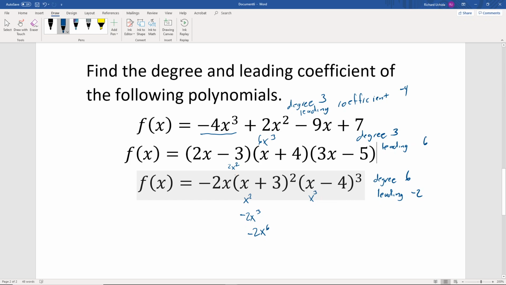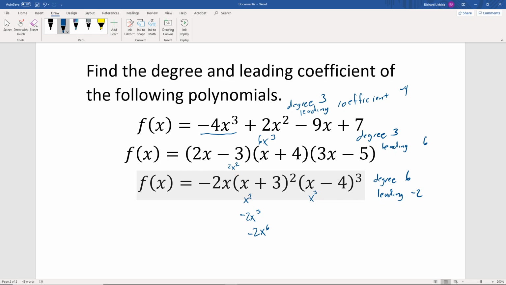One of the things that we'll need to know is whether it is an even or odd degree. In that case, if the degree was 6, it's even. If the degree was 3, that's odd. And then by knowing about the leading coefficient, one of the main things will be whether it is positive or negative.